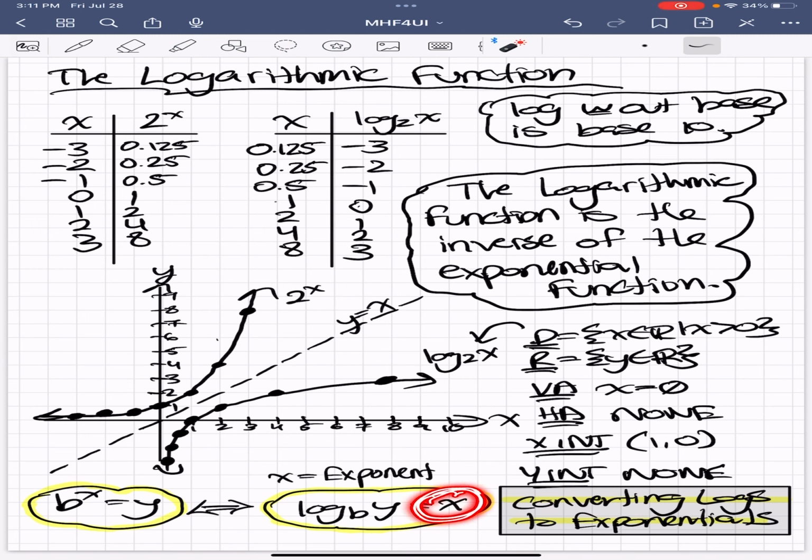So x is to what power, or to what exponent. And that's what you're looking for there. So b is the base, y is the answer, and x is the exponent. So, along with that, let's move on.